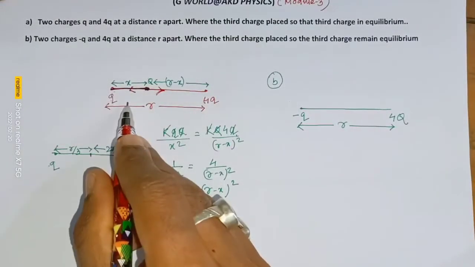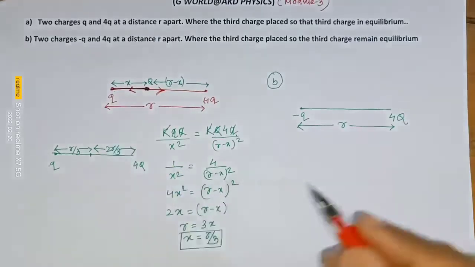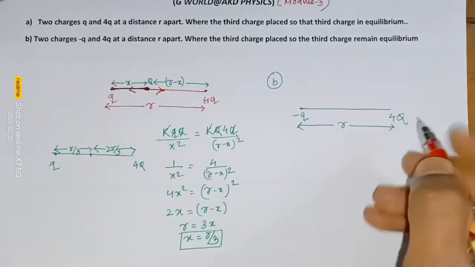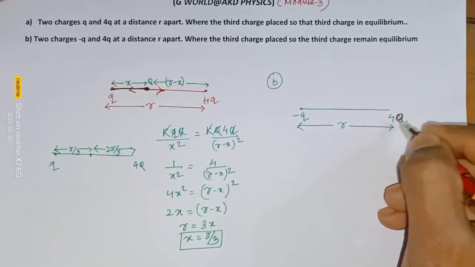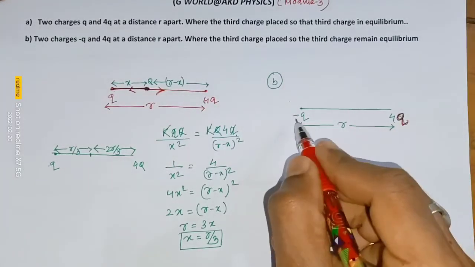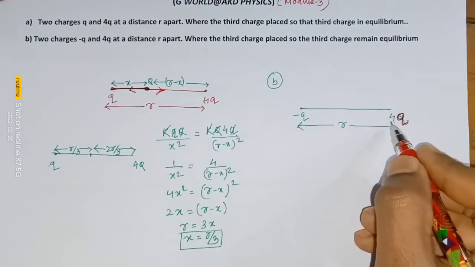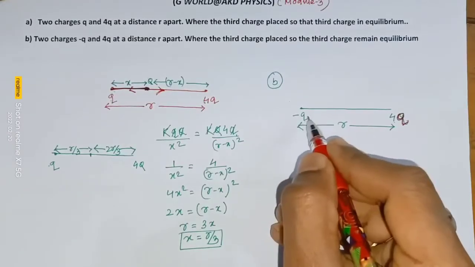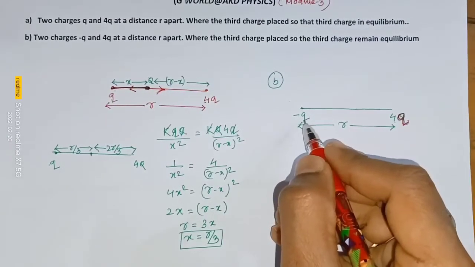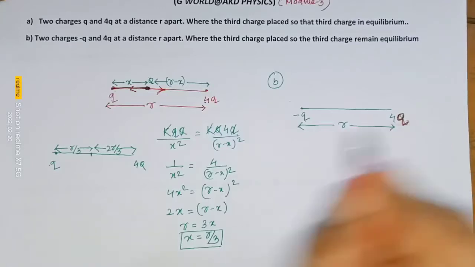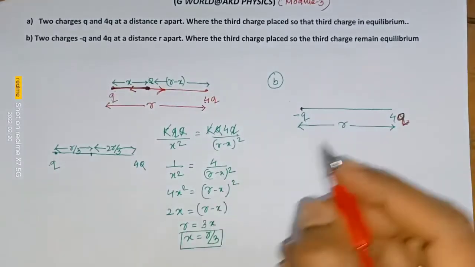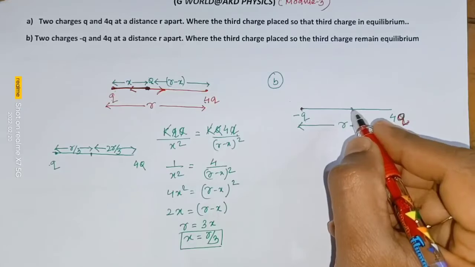Using the same concept here, don't think of this as negative Q and positive 4Q; always consider the magnitude of the charge. So I will take this as Q and this as 4Q, and Q is the smaller magnitude, so the point will always be nearest to it.